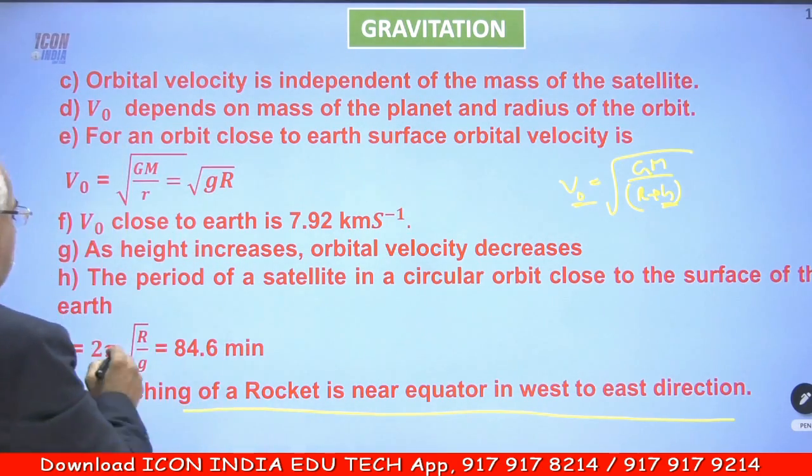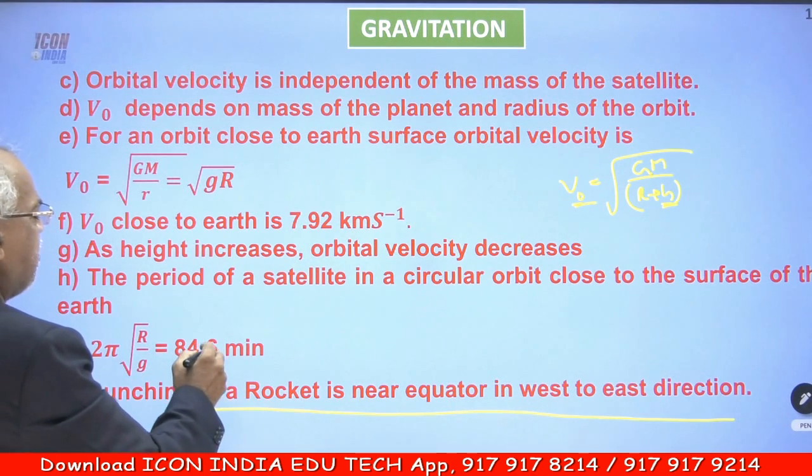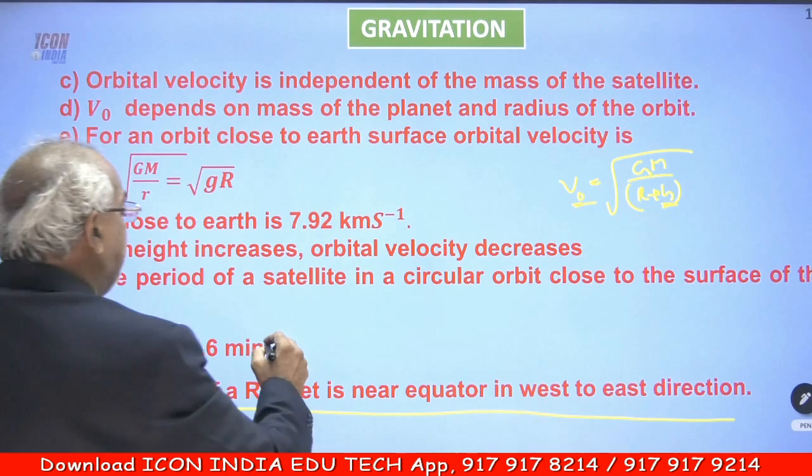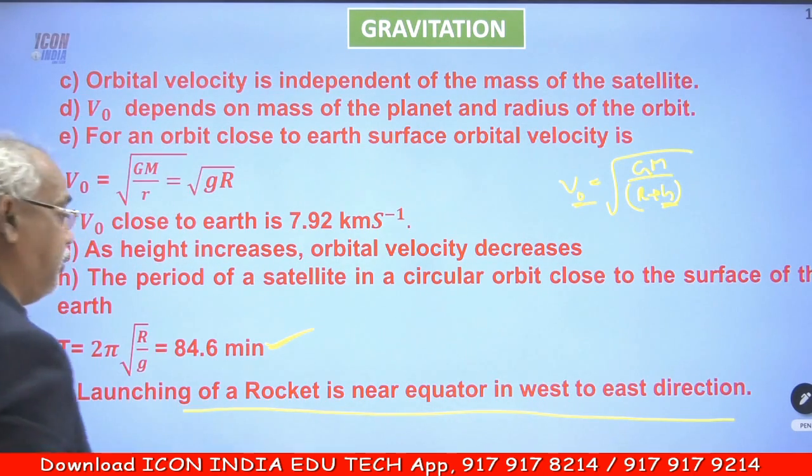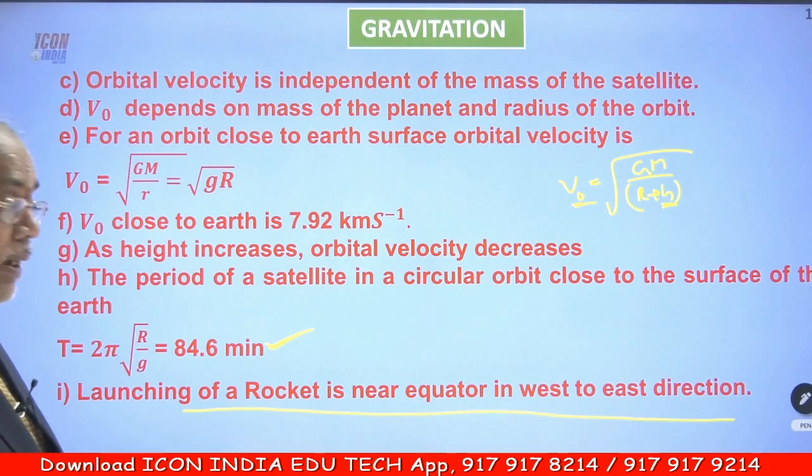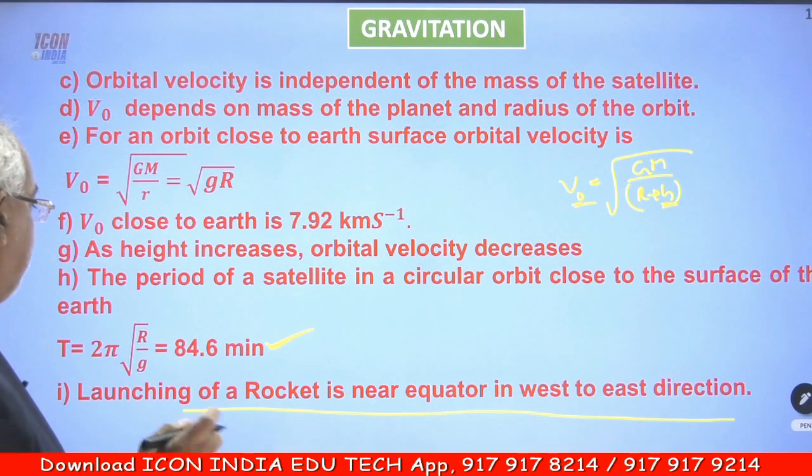This T is equal to 2 pi root R by g, which is equal to 84.6 minutes. It was already derived, and let us see how we obtain it.